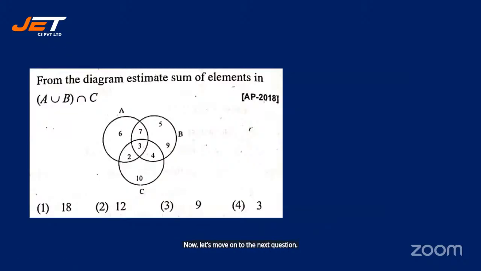This was asked in the year 2018. From the diagram, estimate the sum of elements in (A union B) intersection C. So what is A union B and intersection C?